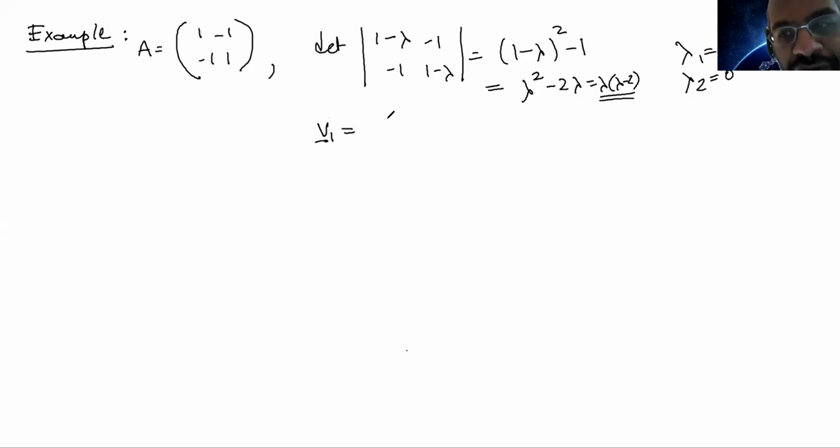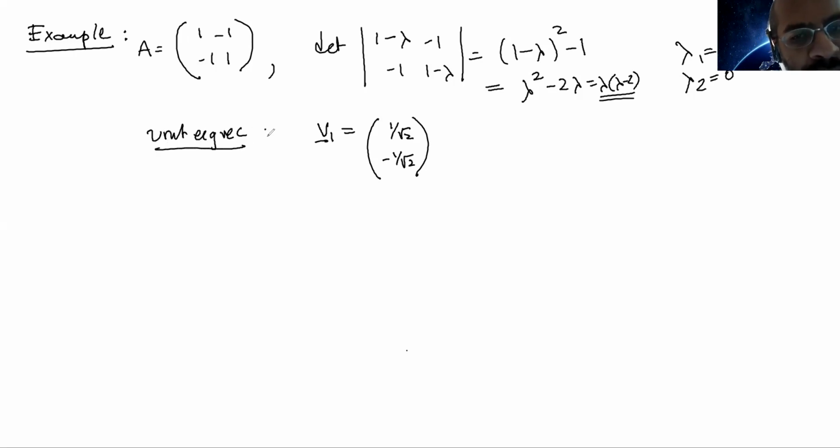Eigenvectors. The first eigenvector is this, and I'm normalizing it to be a unit vector. That's why I've introduced this funny square root 2. And the second eigenvector, if you do the row reduction, turns out to be this.